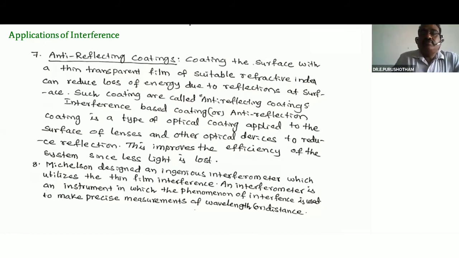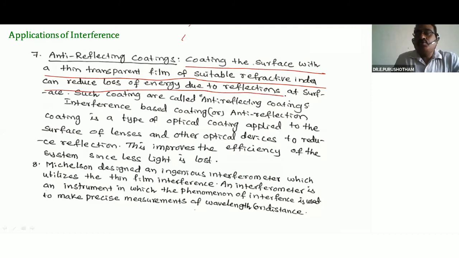Coating the surface with a thin transparent film of suitable refractive index can reduce loss of energy due to reflections at the surface. An anti-reflection coating is a type of optical coating applied to the surface of lenses and other optical devices to reduce reflections.